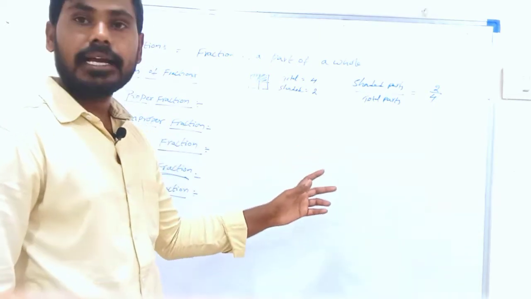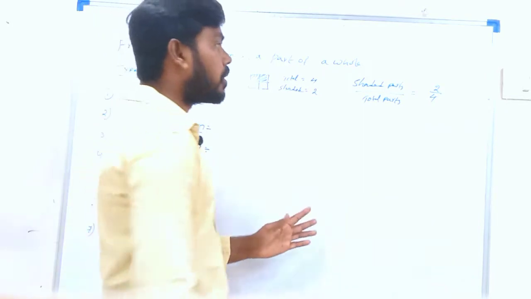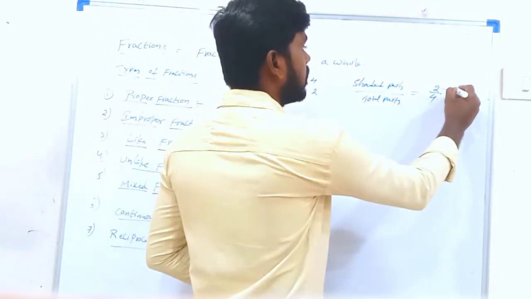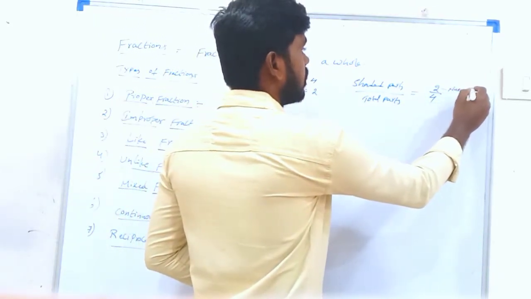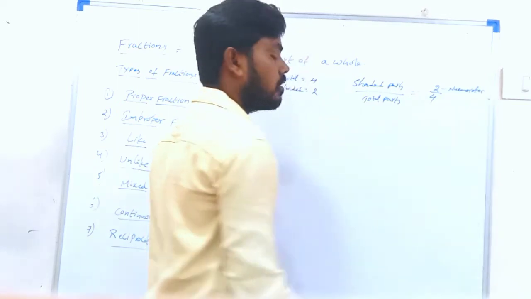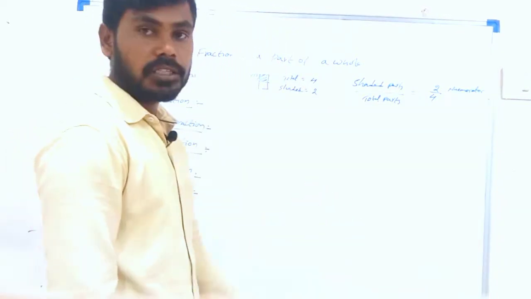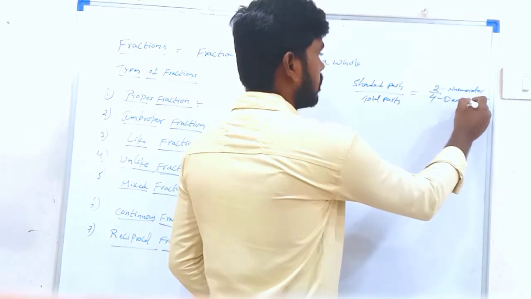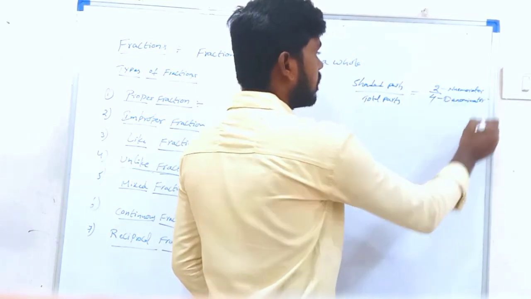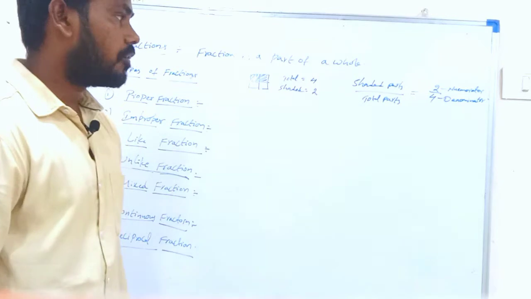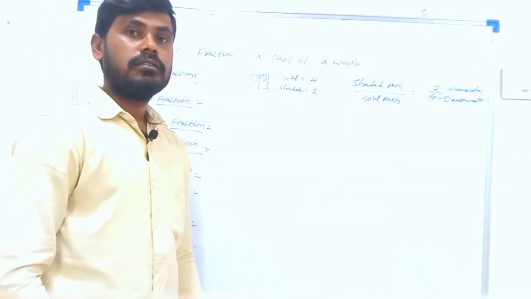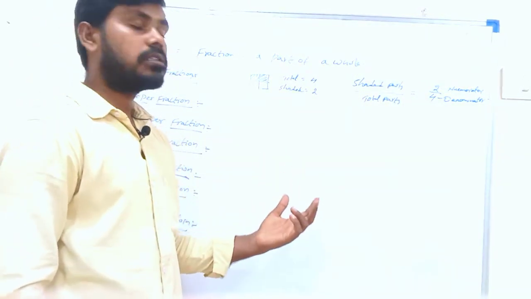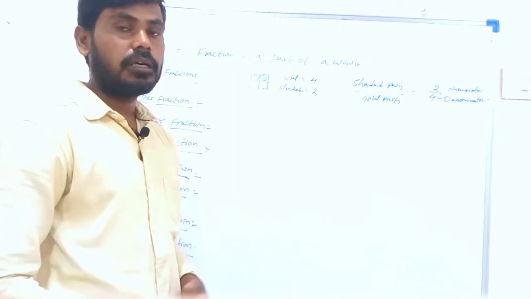See, the fraction has 2 parts. The upper part is known as the numerator, and the bottom part is known as the denominator. So a fraction is a combination of numerator and denominator.